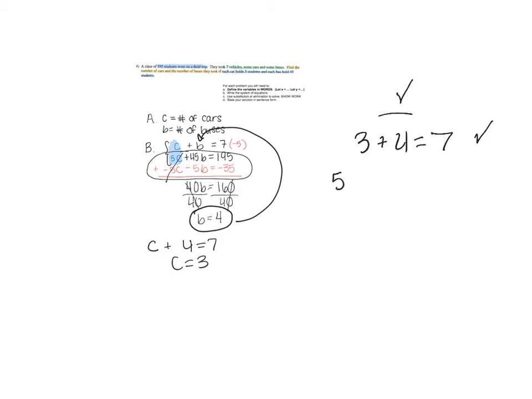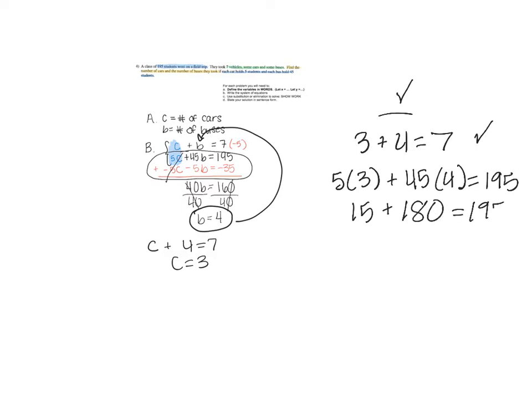And then 5 times 3 plus 45 times 4 equals 195. I've got 15 plus 180 equals 195. 15 plus 180 is 195. So those both check. So now it says state your solution in sentence form.